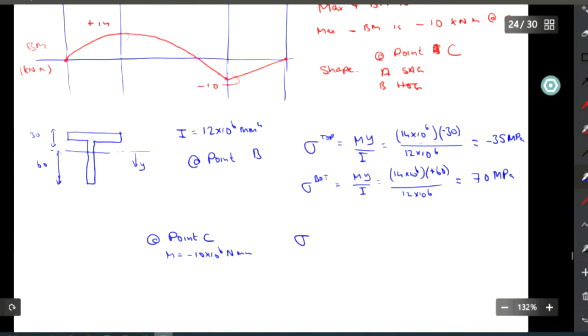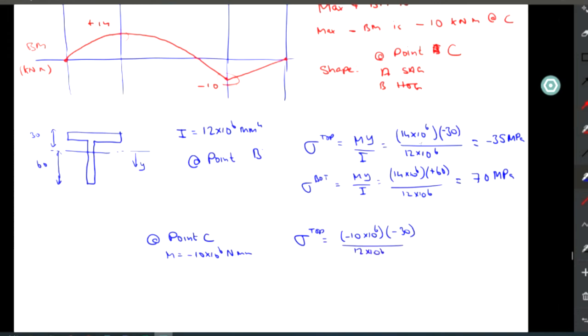So the top stress at point C is minus 10, the bending moment, minus 30 for y and the I value. And that works out at 25, tensile.